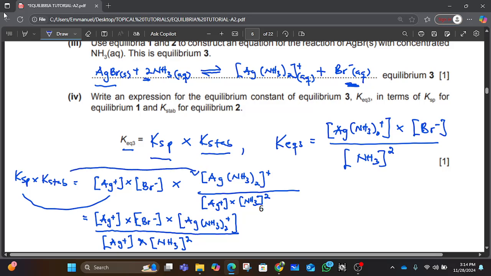And so finally we get this, and since Ag plus concentration is here and is here, we can cancel the two out, which means finally we are getting that. And this is basically the multiplication of the KSP and then the K star.